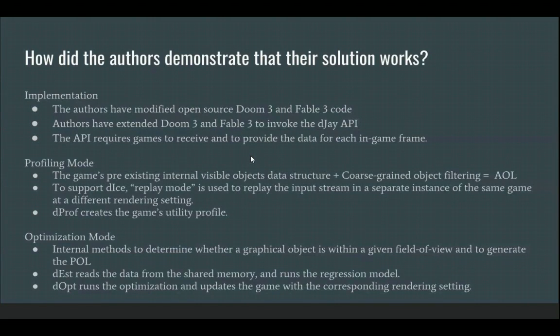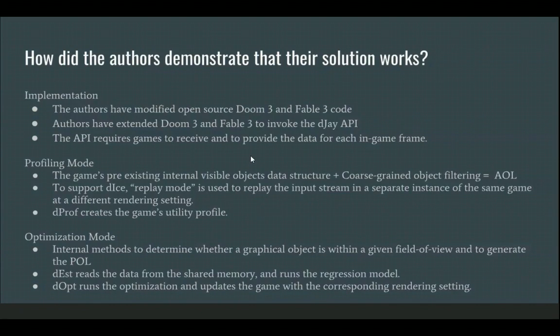So here, to implement DJ, authors have modified the source code of Doom 3 and Fable 3, the two games, to include components like dproc, dice, DSC, and doff and all. So basically, authors have extended Doom 3 and Fable 3 to invoke a DJ API, which requires data based on the type of operation.